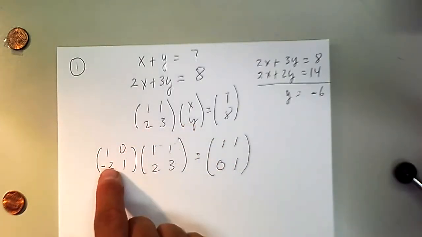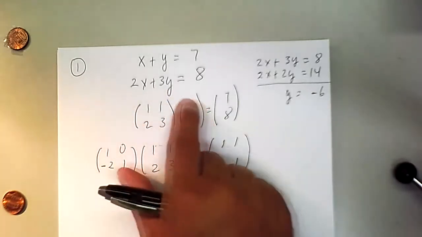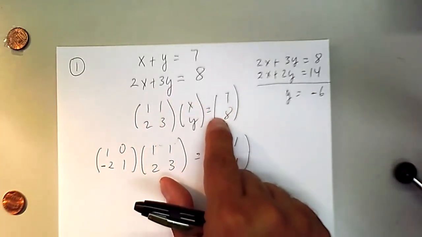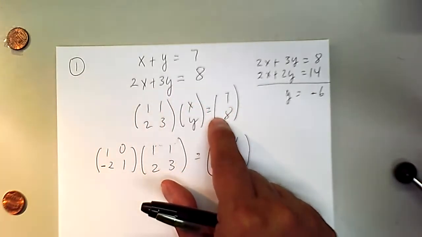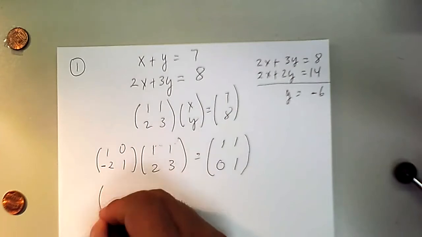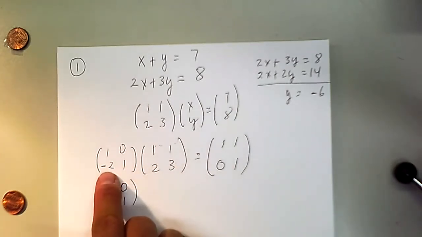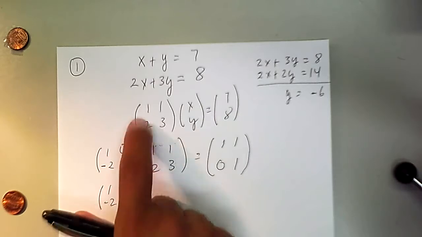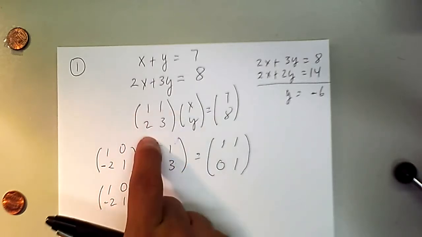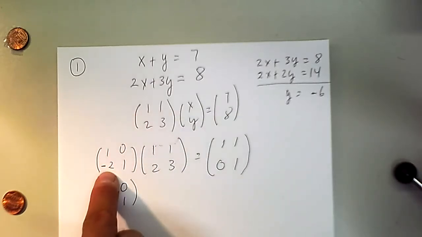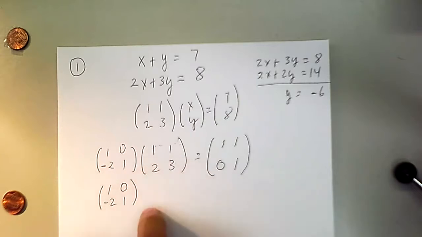Now, when we do this to the left side of the equation, we have to do exactly the same thing to the right side of the equation. So we multiply 1, 0, -2, 1. I just told you which one to use. If we want to subtract twice as much of the first row from the second row, put -2 here, and leave the 1 there.